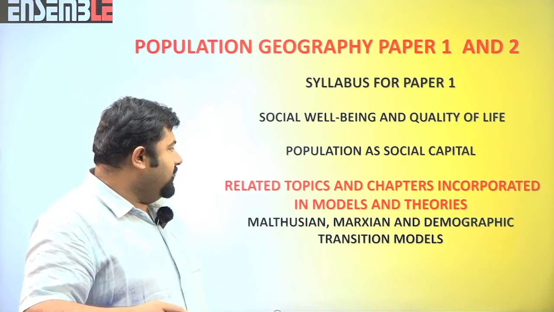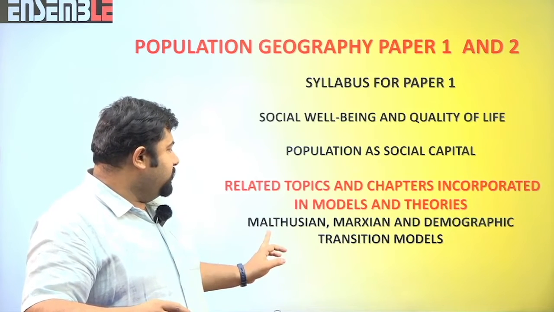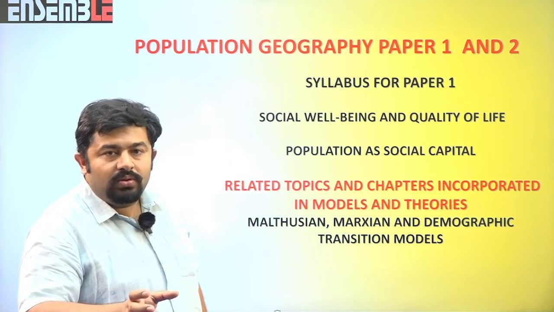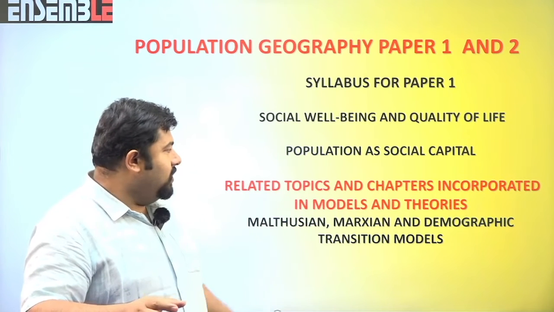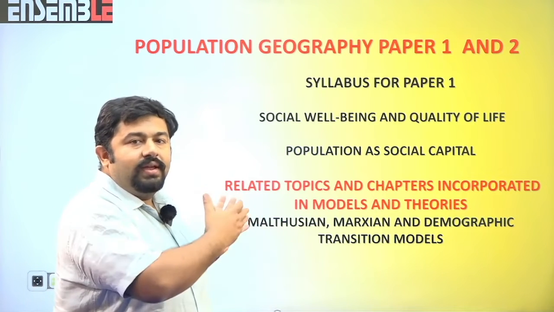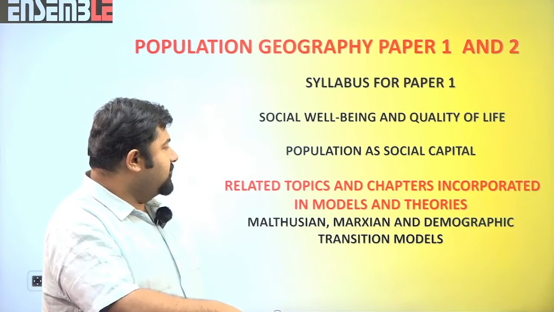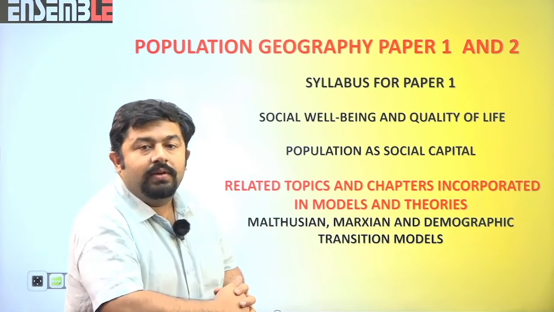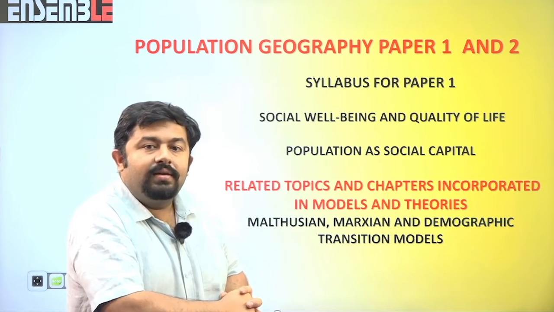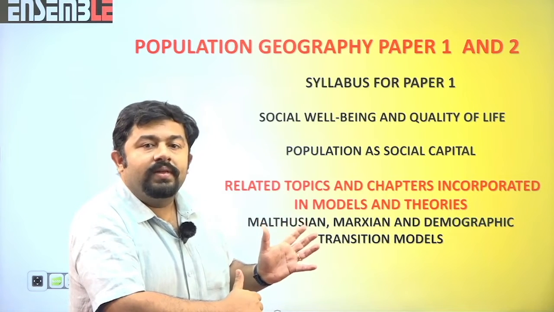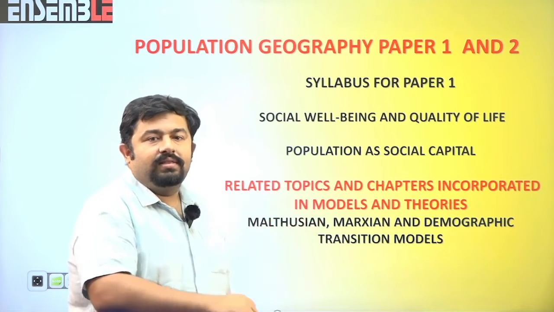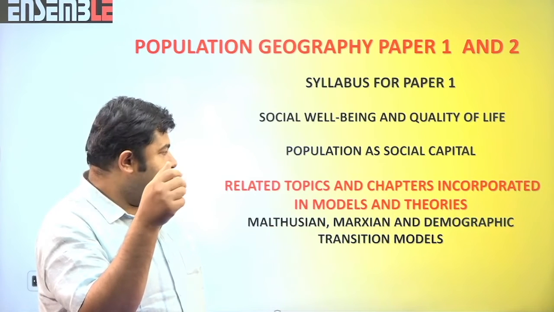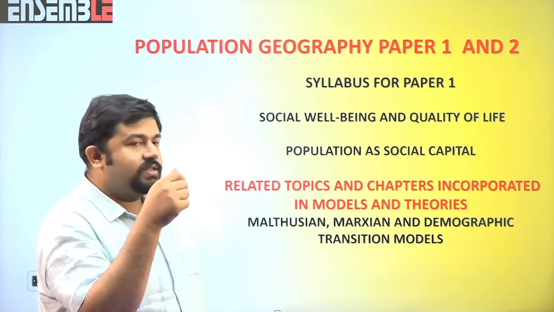Let's see the next topic. In the chapter called Models and Theories, there's a topic called Malthusian, Marxian, and Demographic Transition Models. Though this topic is given in Models and Theories, we have clubbed this topic in Population Geography because it deals with population. As we were talking about the Malthusian theory, that Malthus gave his theory, his observations, then Marx gave his theory, then the most recent theory is the demographic transition model.